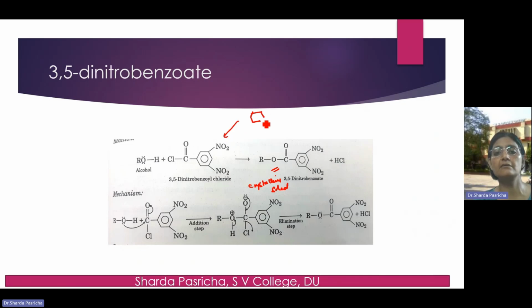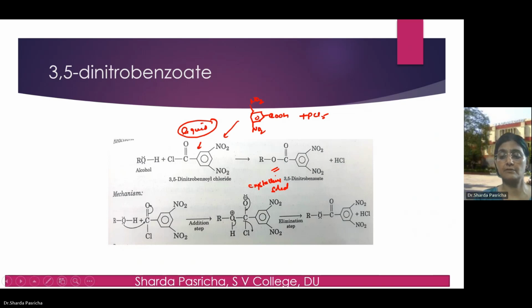I reacted 3,5-dinitrobenzoic acid with PCl5 to get this 3,5-dinitrobenzoyl chloride in situ, which reacts with alcohol. That liquid that you get, I said you warm until it liquefies, signifies the preparation of 3,5-dinitrobenzoyl chloride, which then reacts with alcohol to give you this crystalline 3,5-dinitrobenzoate derivative.